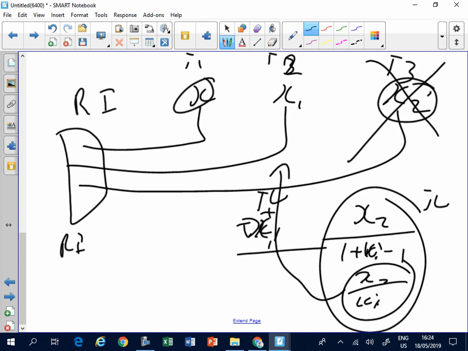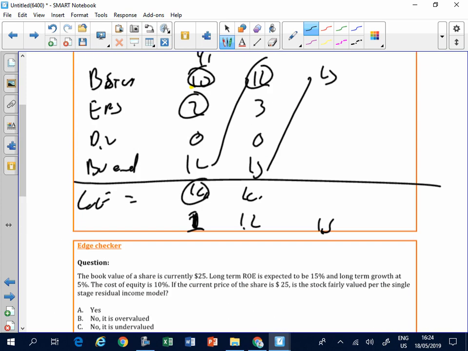Remember this X2 is a residual income number. It doesn't include the book value of any sort. If they do ask you to calculate the book value of some sort, like the book value in year 3, price to book is 2, and you need to exit, you work out the book value in year 3, let's say this was 17 at the end. 17 times 2 times price to book will give you the 34, whatever.